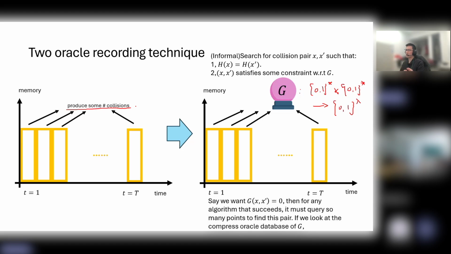Here you are XORing your quantum queries to the compressed oracle database. So it's essentially the same thing. There are some subtleties here, and I will explain this by the end of the talk. These two are not exactly equivalent, and there's a big issue here. But for now, you can think of it as a perfect simulation.